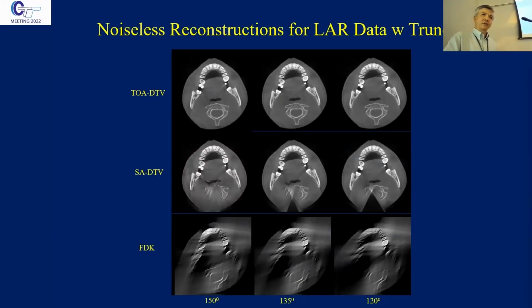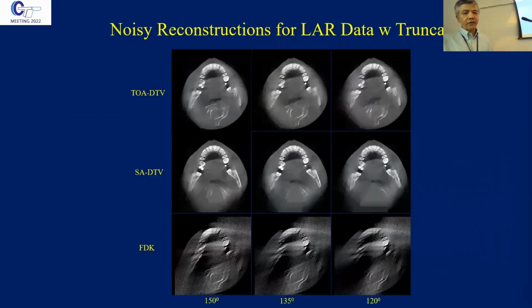They don't particularly care about what's happening in the back of the head. Anyway, that's the noiseless case, and that gives you a sense that this approach may have a little bit of a chance to solve that kind of inverse problem under limited angular range conditions.